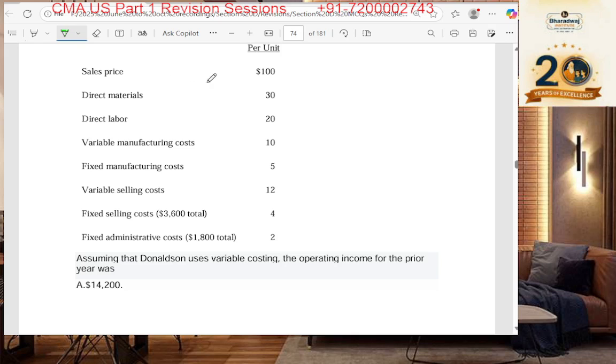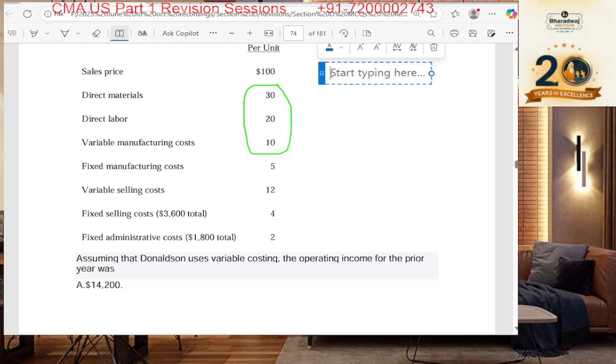What will be included in variable for this one? Selling cost, sir. So 100 minus 16. So 900 into 40. Variable selling cost also will reduce.